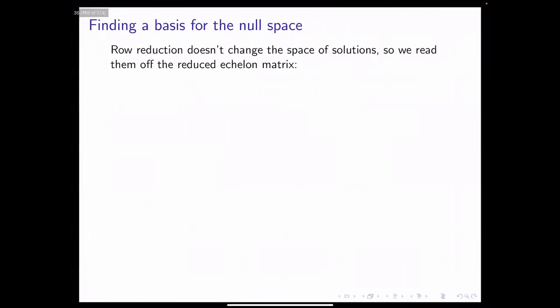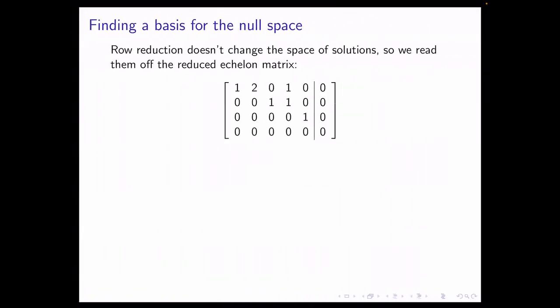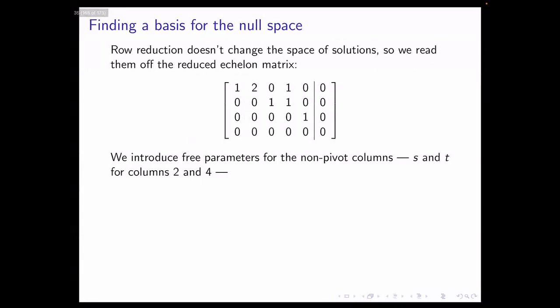Now, the row reduction does not change the space of solutions, so we read them off the reduced echelon matrix. We introduce parameters for the non-pivot columns, not including the last one. So s and t for columns 2 and 4.